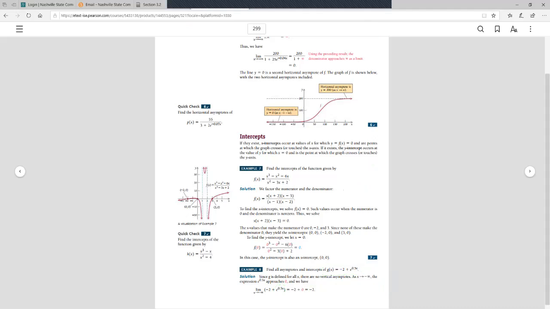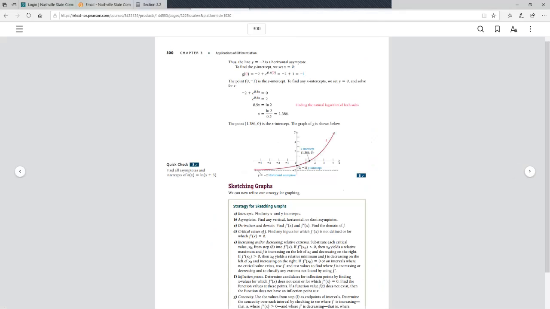Okay, now for the intercept. To find the y-intercept, we set x equal to 0. Why?